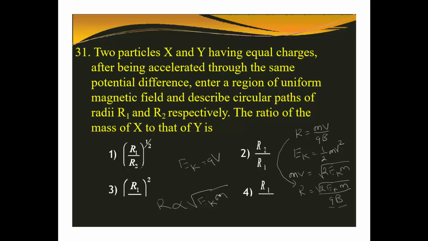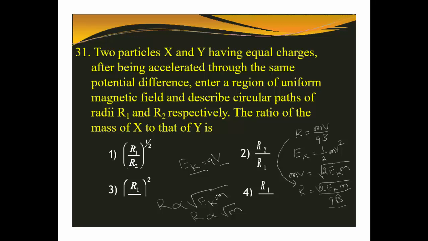From this we can conclude that the two potential differences are the same, which means Ek is also the same. Radius is directly proportional to root m, because v is the same and Ek is the same. Ek is constant, so we can say that r is proportional to root m.